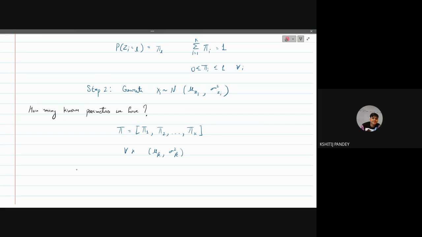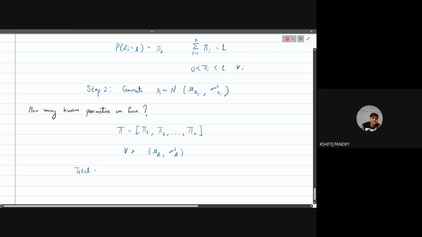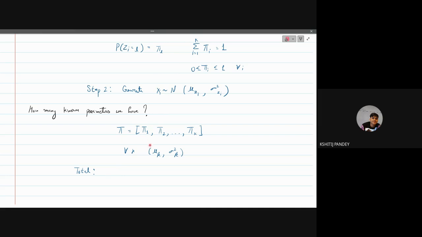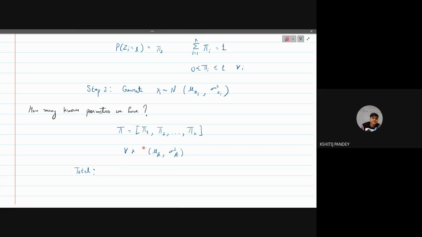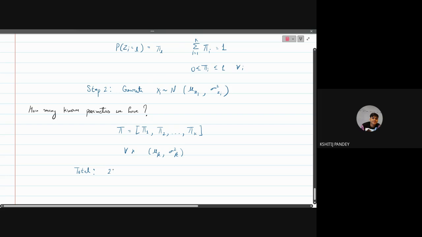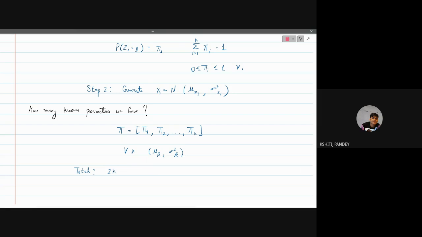So in total, for each normal distribution, you have two parameters, and you have k normal distributions, so you have 2k of these parameters, 2k coming from the mean and variance of the normal distributions. And now you have k minus 1 coming from the pi's.